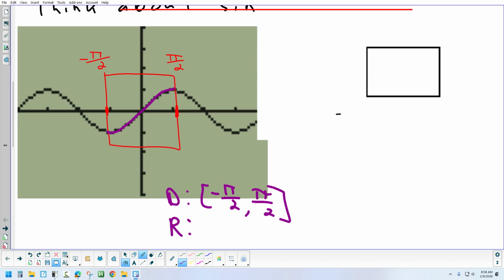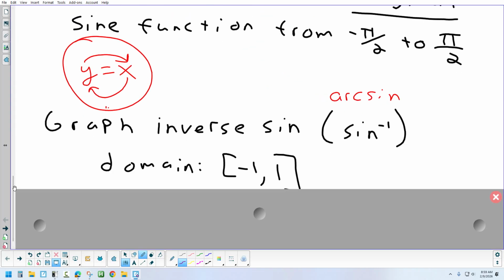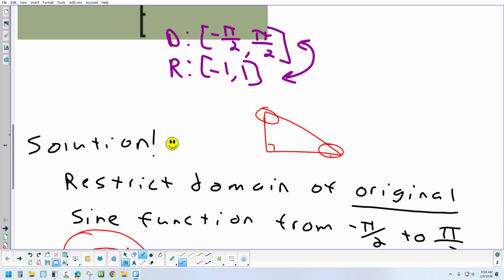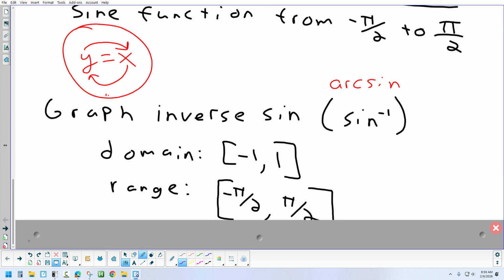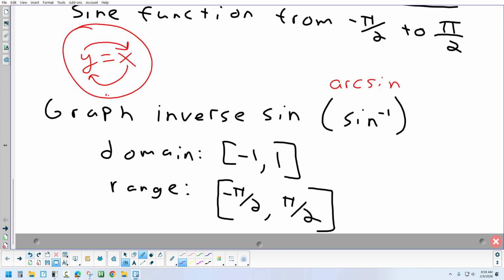And what's the range of that section in purple? Negative 1 to 1. I know my box in red is a little bigger, but the purple section itself only goes up to 1 and down to negative 1. These two are going to switch. So now when we do inverse sine, this is regular sine, inverse sine, the domain is going to be negative 1 to 1, and the range is going to be negative pi over 2 to pi over 2.